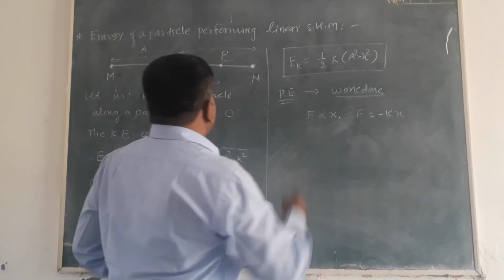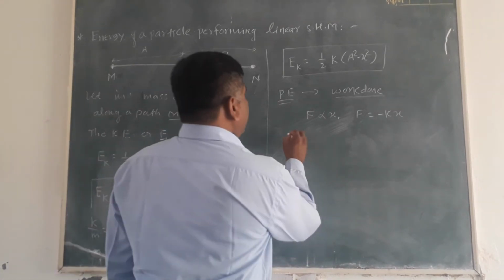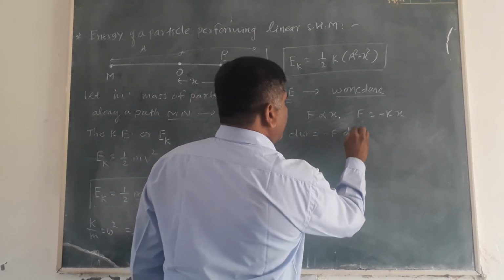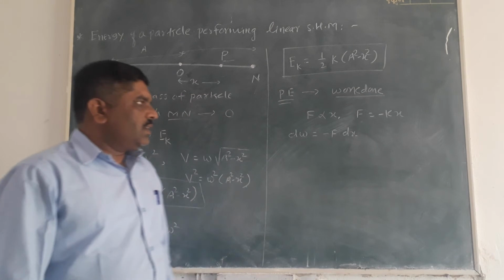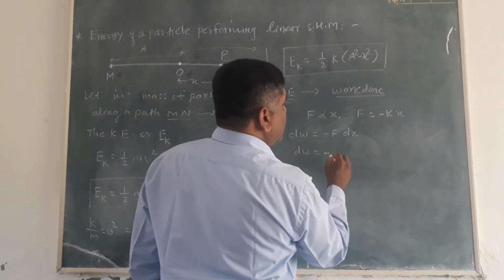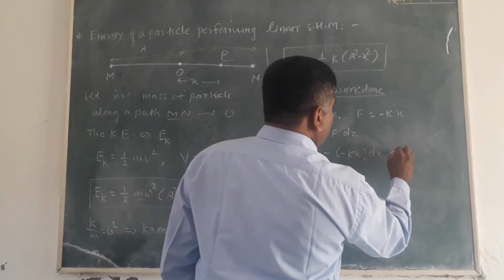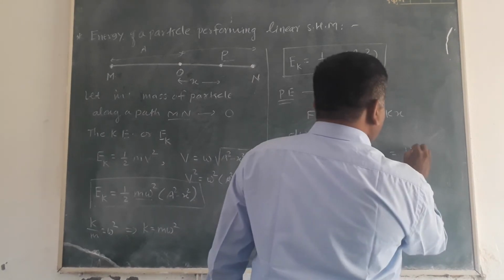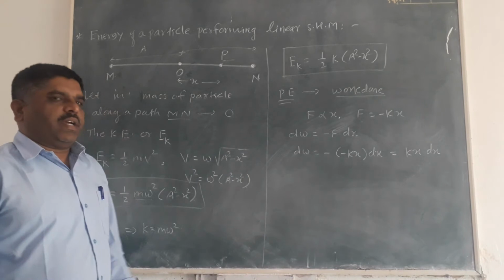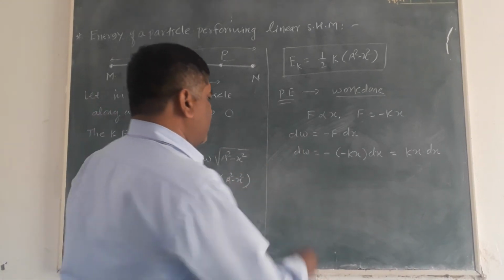Now, due to this displacement of the particle, work is done, and this work done dW is equal to minus F into dx. Using this value, dW is equal to minus minus kx into dx, or this is equal to kx into dx. This is the work done. Now we find the total work done by taking integration of both sides.